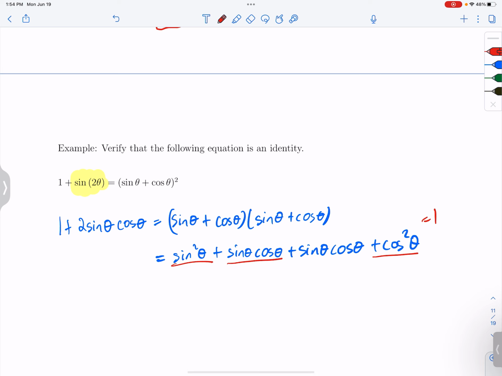And then these two, those are like terms, so I can combine those. So the 1 from the Pythagorean identity is going to be 1 plus 2 sine theta cosine theta. And that is what is on the left-hand side. So we've got it.